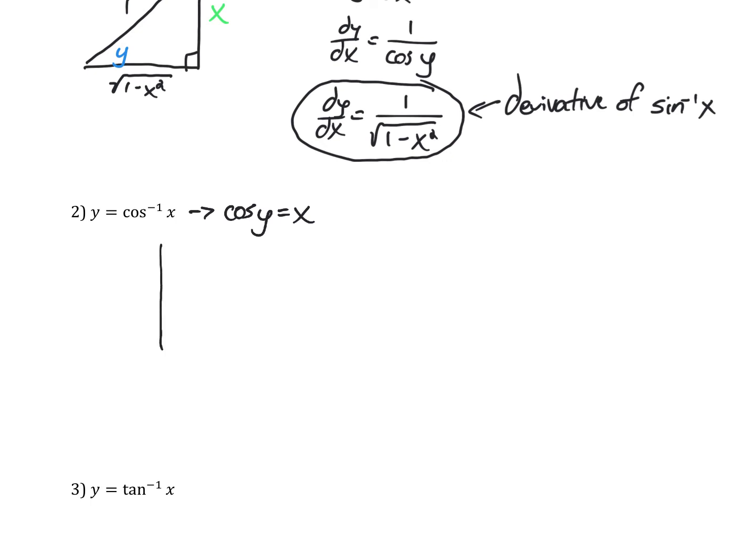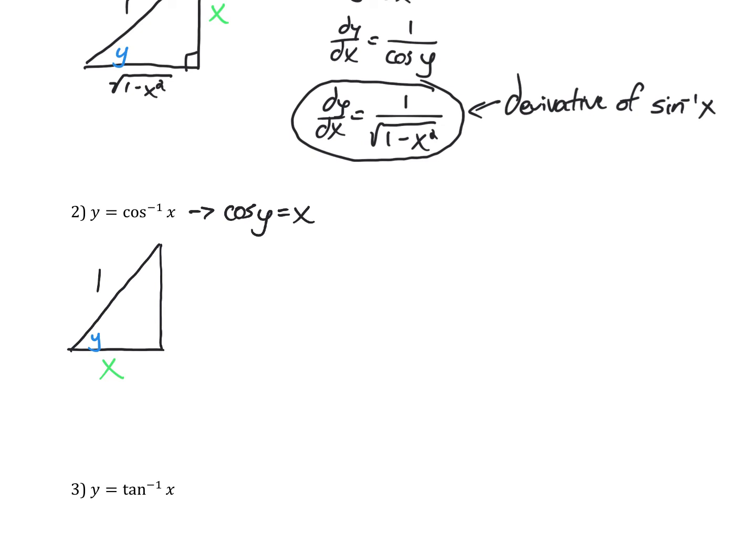And if I draw my right triangle and I think of y as my angle, make this in blue again. This time cosine of y is equal to x. That means my adjacent side should be x, and my hypotenuse should be 1. That would return a cosine ratio of x, cosine of y equaling x.